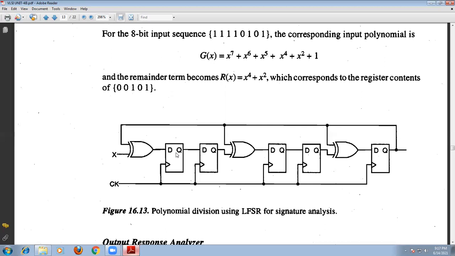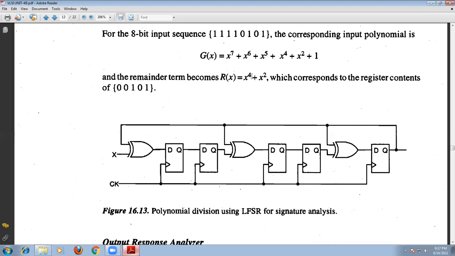Basically, this concept of the signature: there are some input signals, and we are going to represent the input signal by using polynomials. That polynomial we can call g of x, and similarly the output sequence we can call q of x.